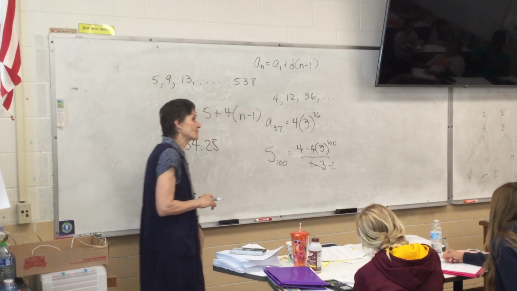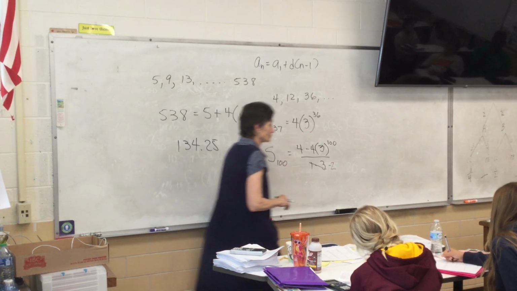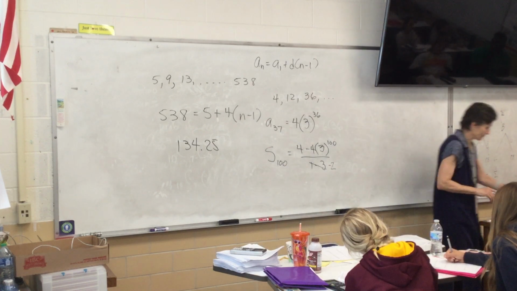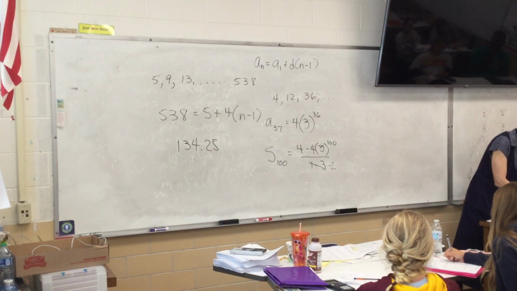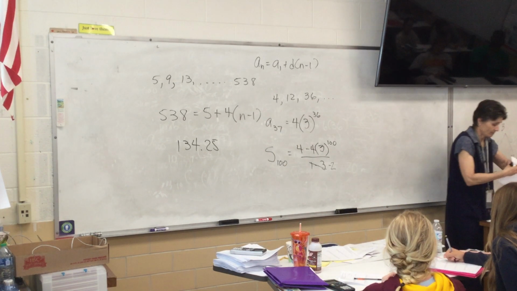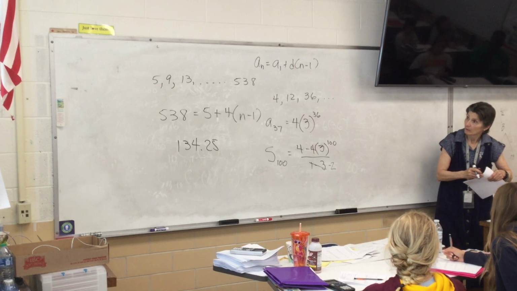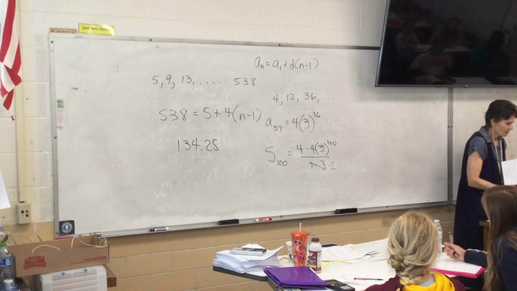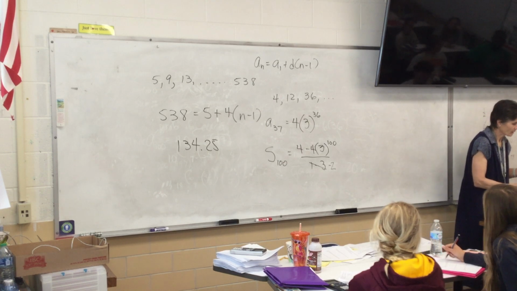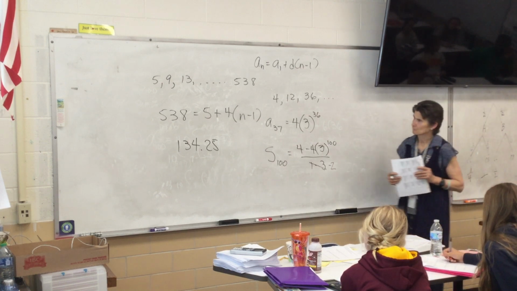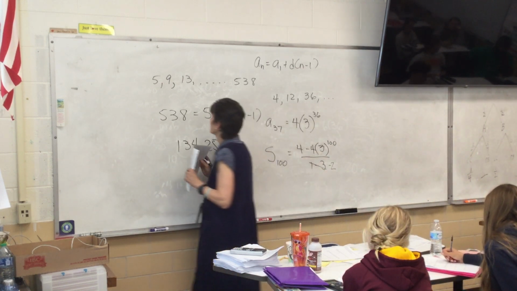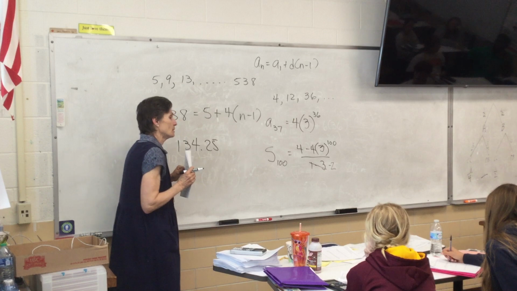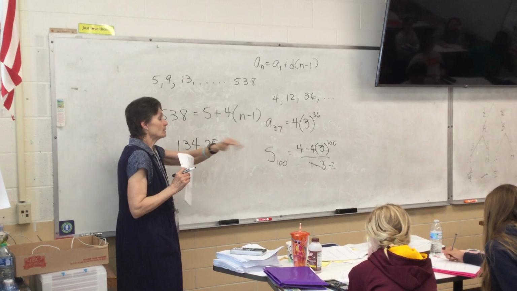So initially, before we did the formula thing, I just divided 538 by 4, and then didn't get a whole number. Could that work, or would that just be lucky? Can you tell me why you did that? Because technically, it's repeated addition, so it's multiplication. So then I just divided it by 4 to see if it's in the sequence.